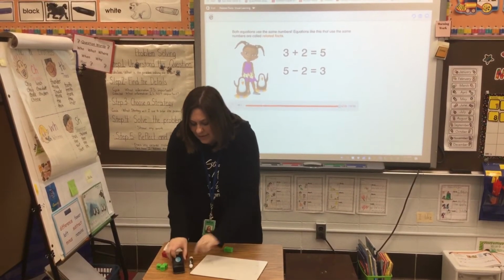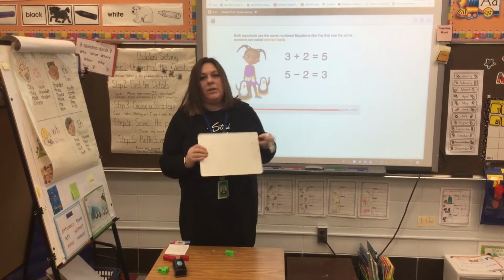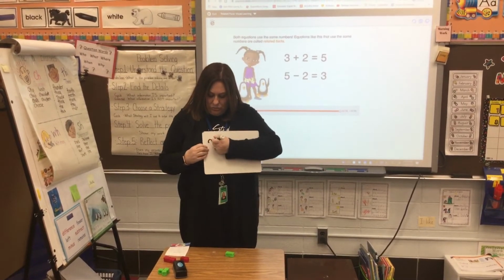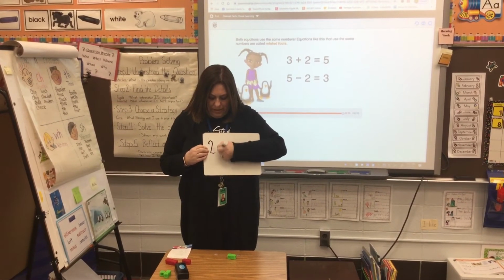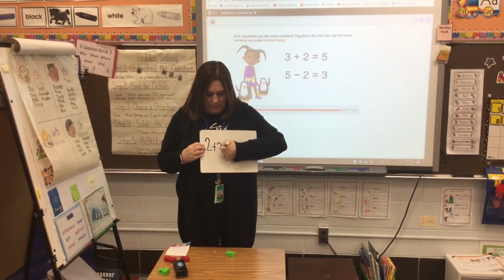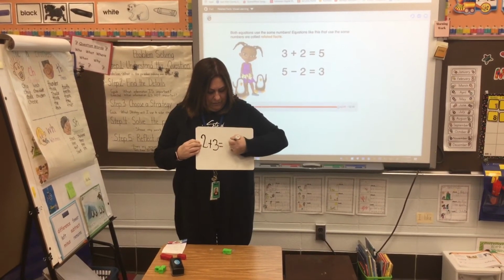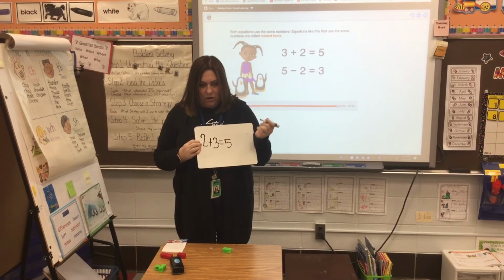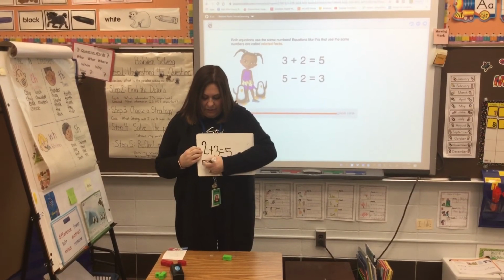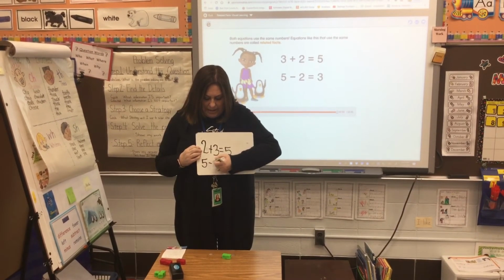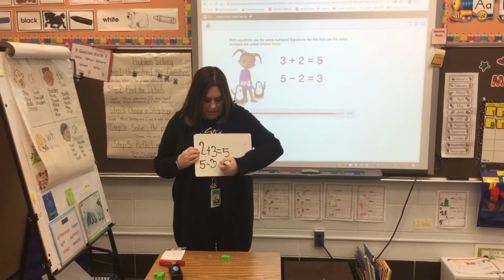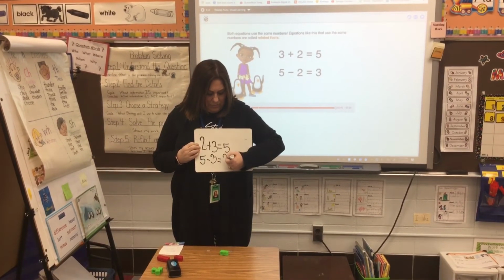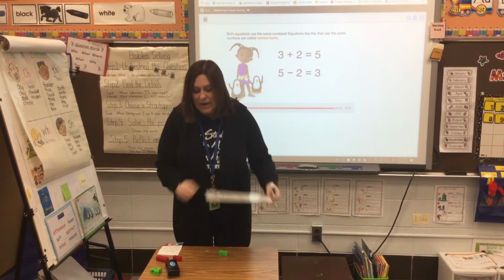So if I write that problem, it's going to look like 2 plus 3 equals 5, or 5 minus 3 equals 2. So let's practice one together.